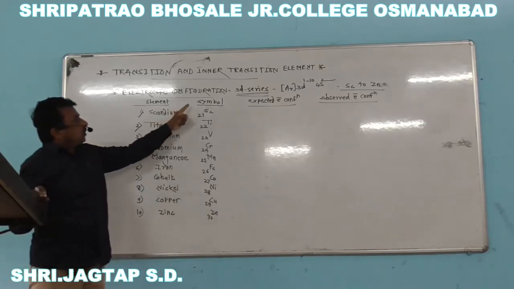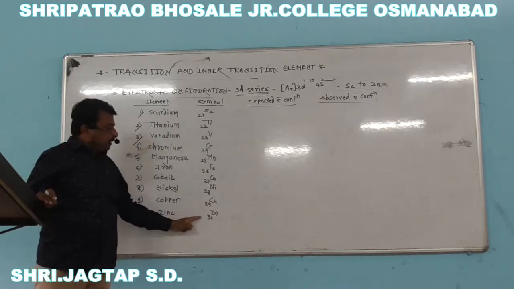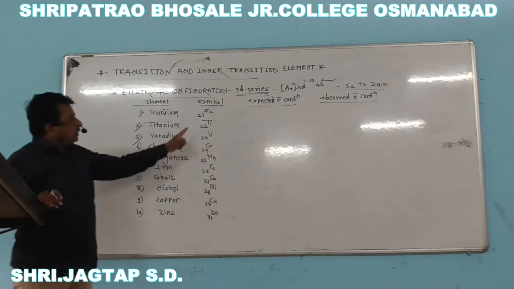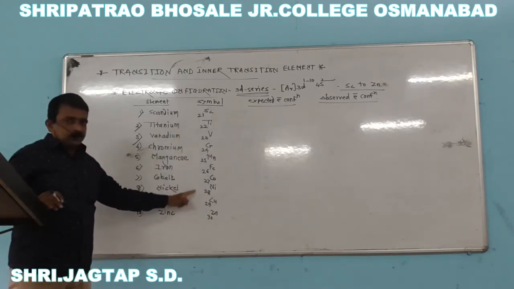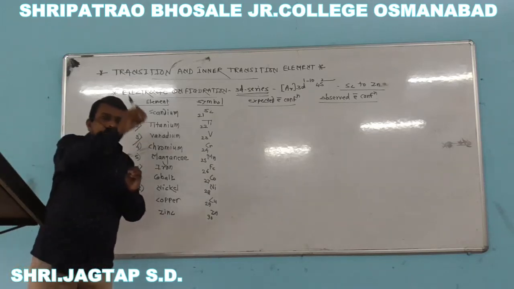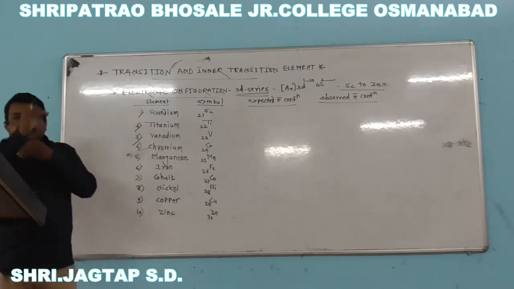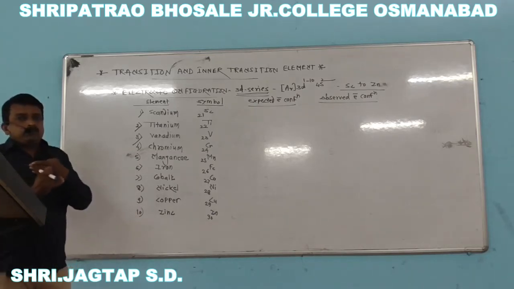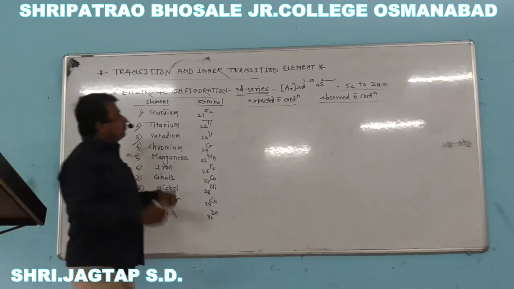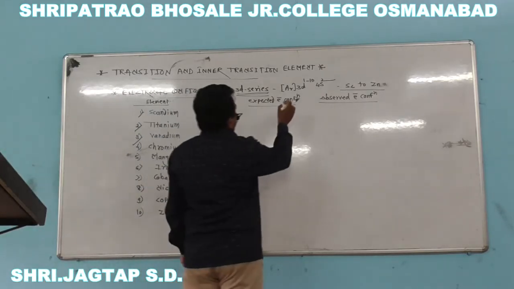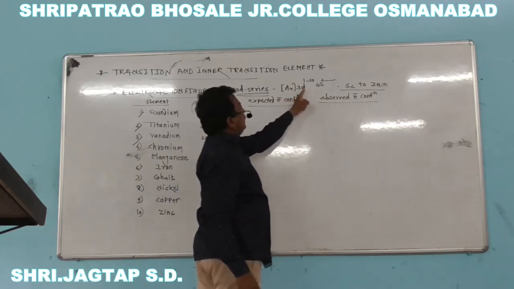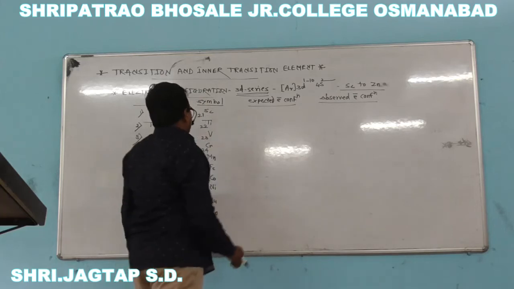As we move from top to bottom, the atomic number increases by 1 unit. So the filling of electrons in the n-1 d orbital occurs successively in each element. So, the general electronic configuration of the 3d series is 3d 1 to 10 4s2.